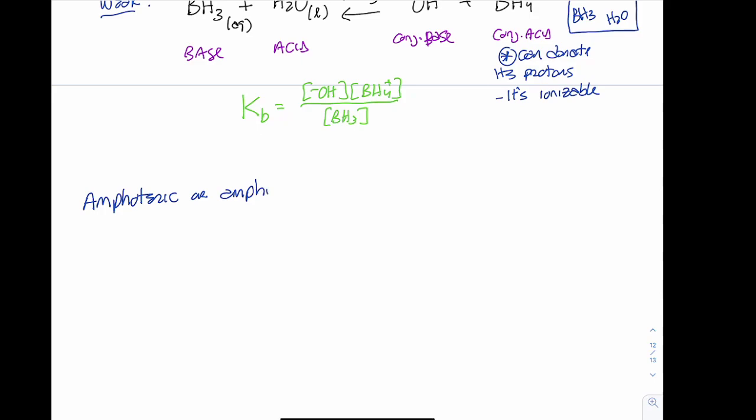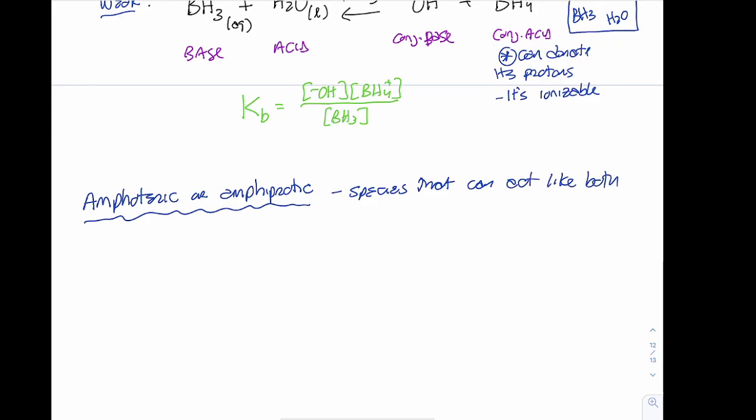And honestly, I do use both. So what these are, species that can act like both an acid and a base.